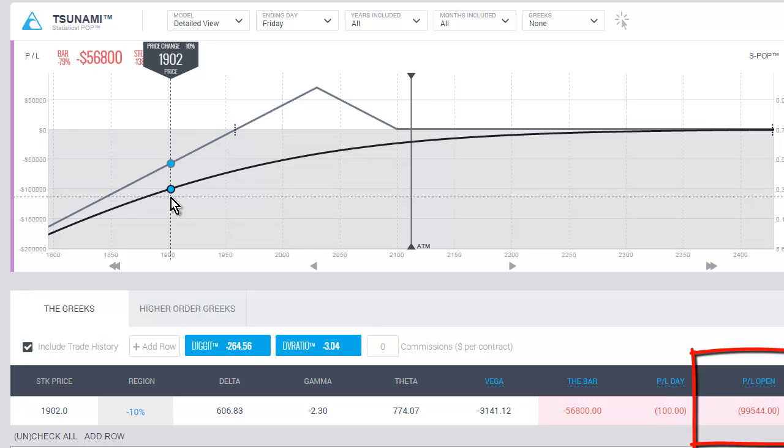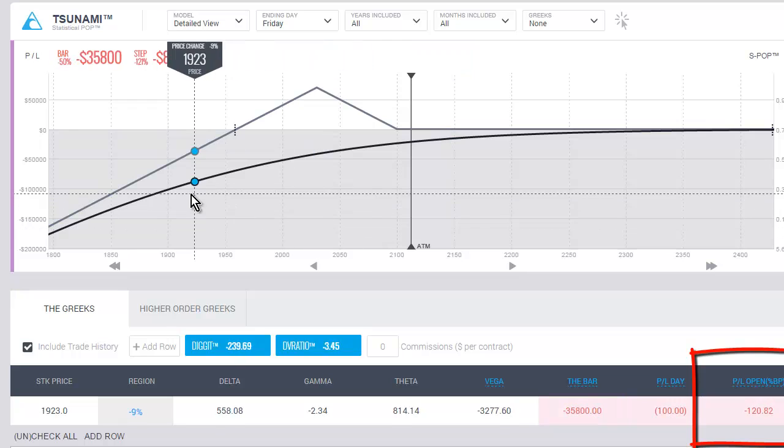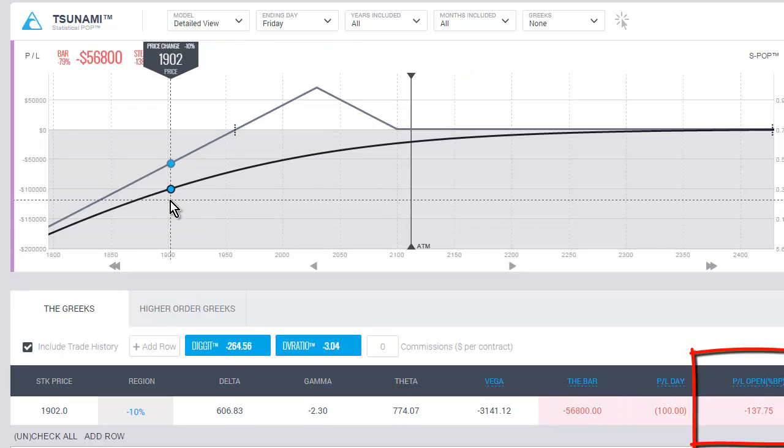Now, if you're using a portfolio margin account, we can also bring in the percentage loss by clicking here, and it's actually about 138% loss on that portfolio margin.